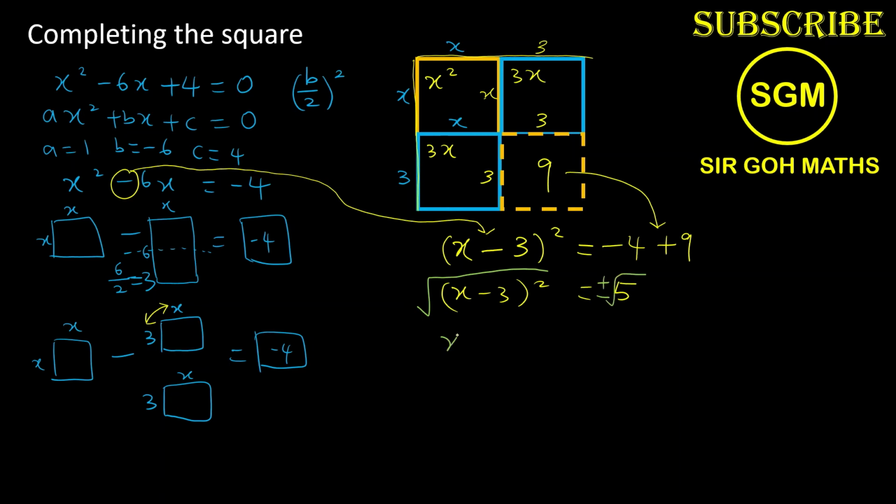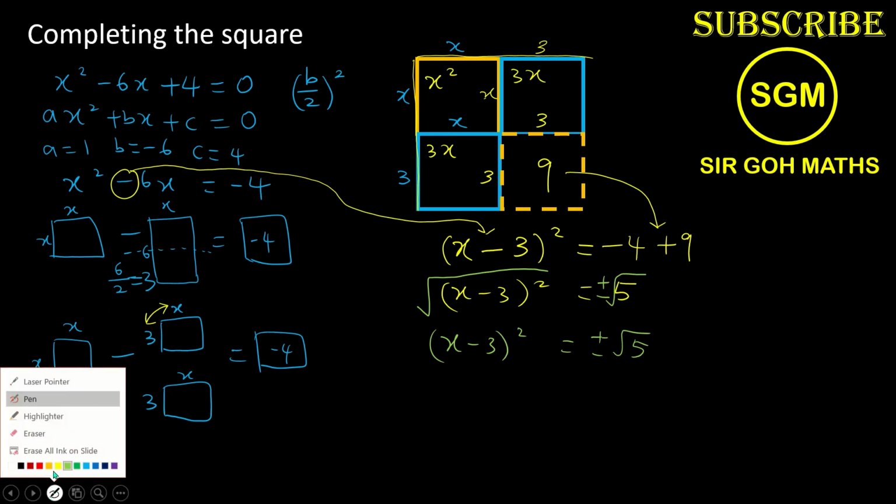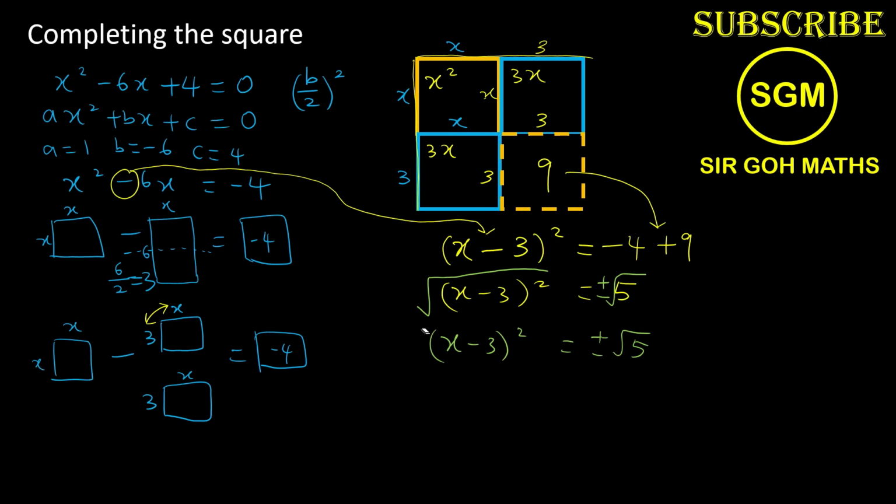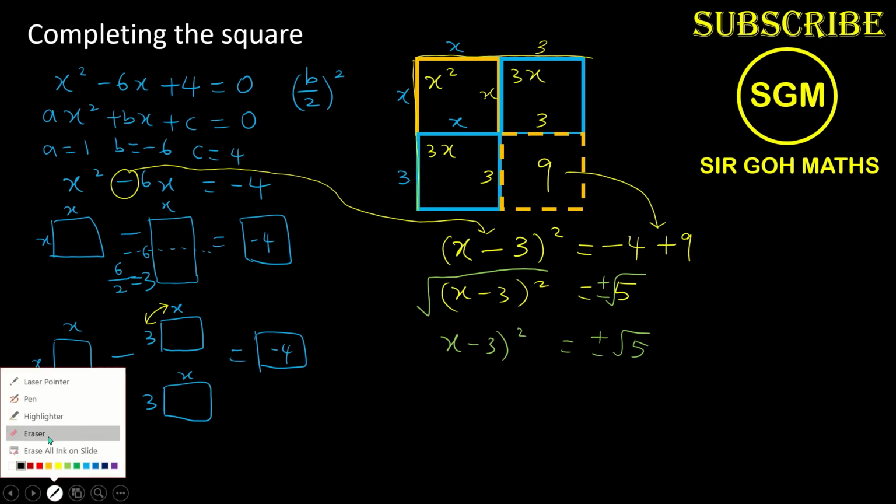We write again, like this. Then we have plus minus square root of 5. And don't forget we have eliminated the bracket square, right? So don't write the bracket square again, and we will erase that, right? Okay, find our eraser here.